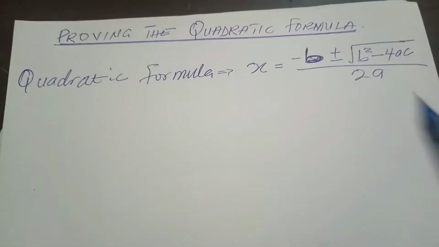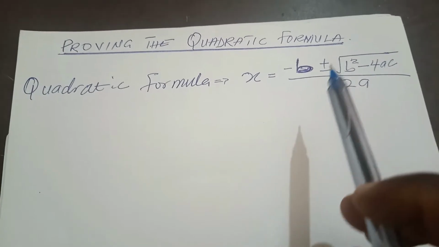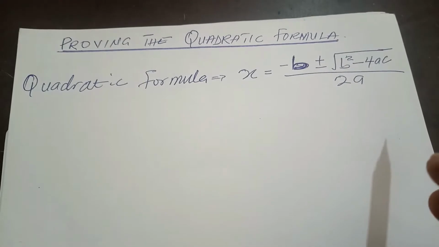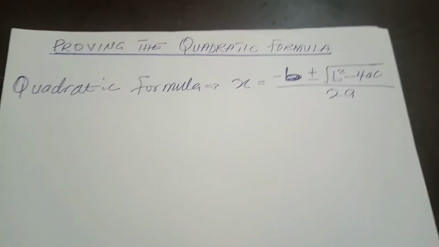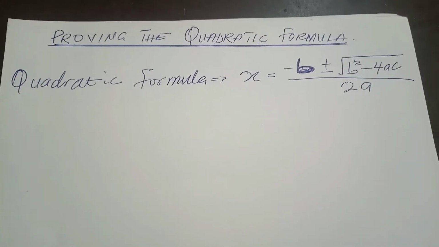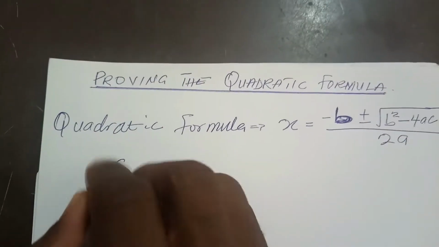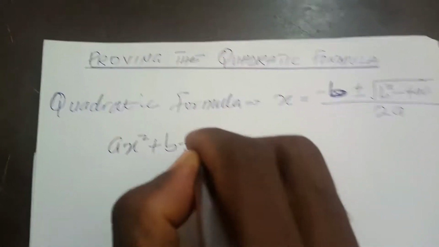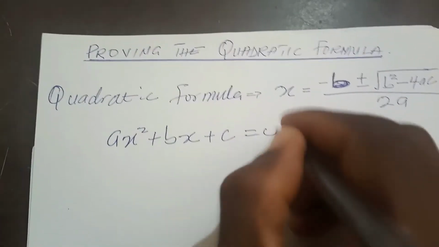The quadratic formula is x equals negative b plus or minus the square root of b squared minus 4ac, all over 2a, and this is obtained from the general or standard quadratic equation ax squared plus bx plus c equal to 0.